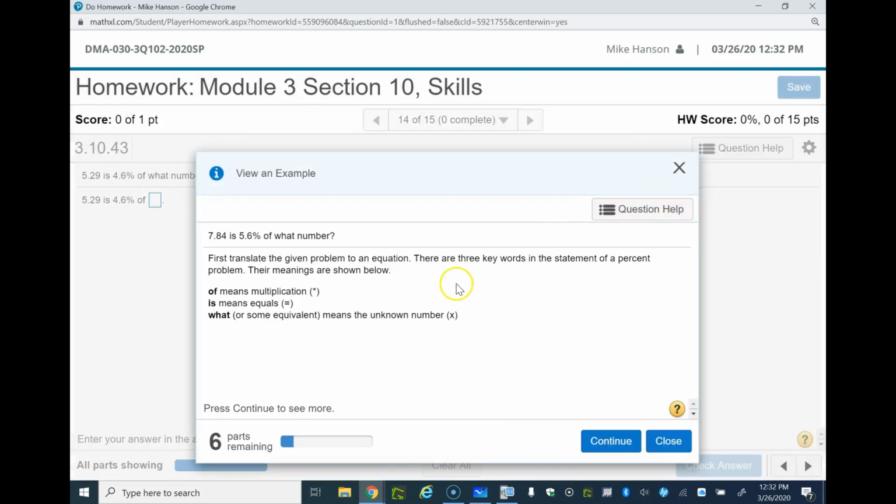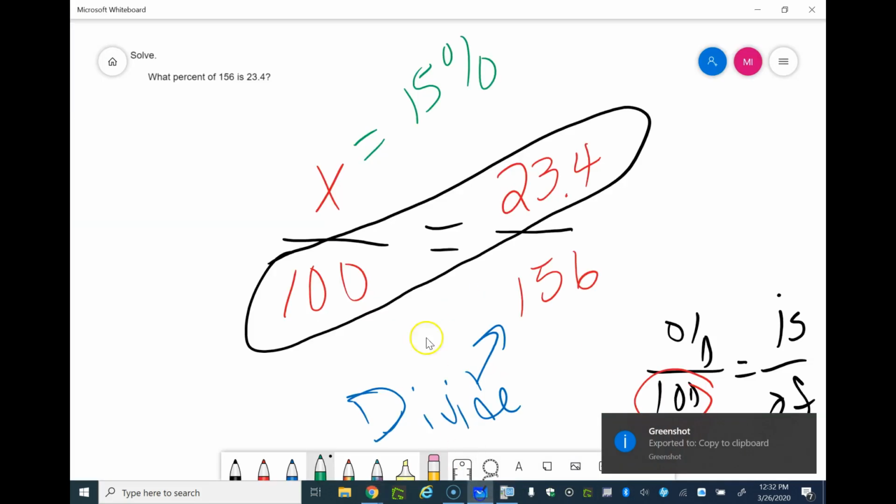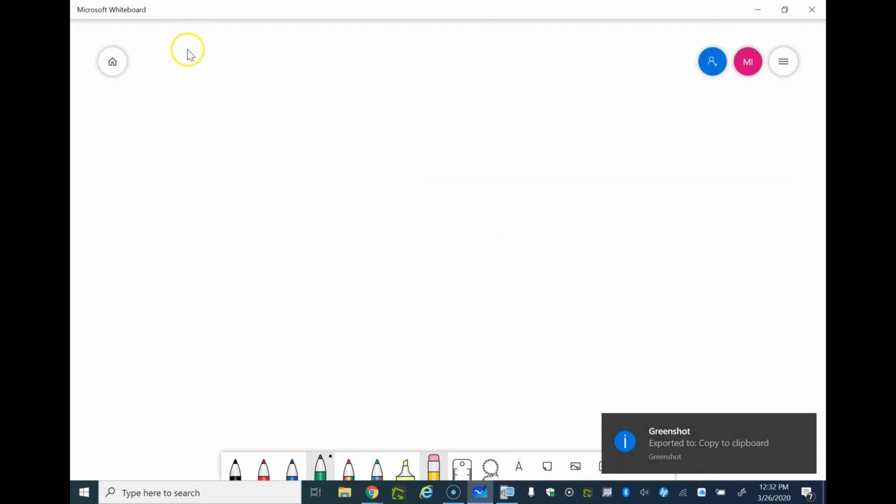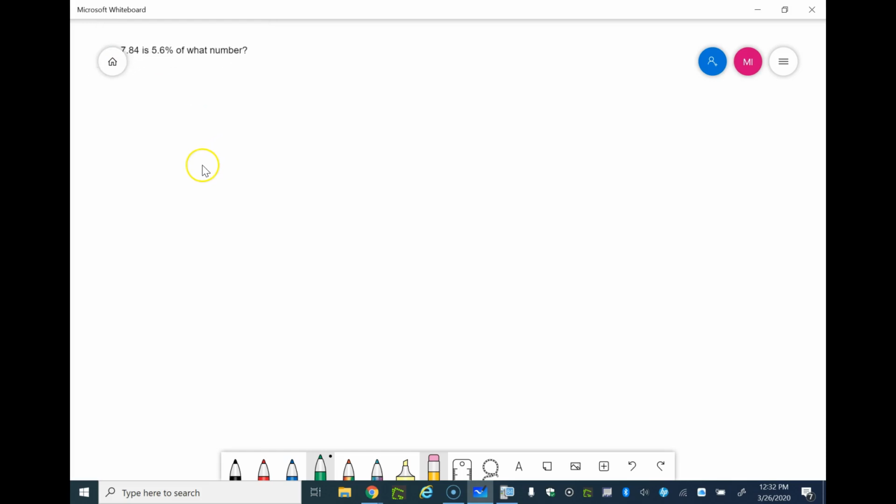We can do maybe one more example so you can see. So let's copy and paste this part here. Let's get a new page and paste it. All right.